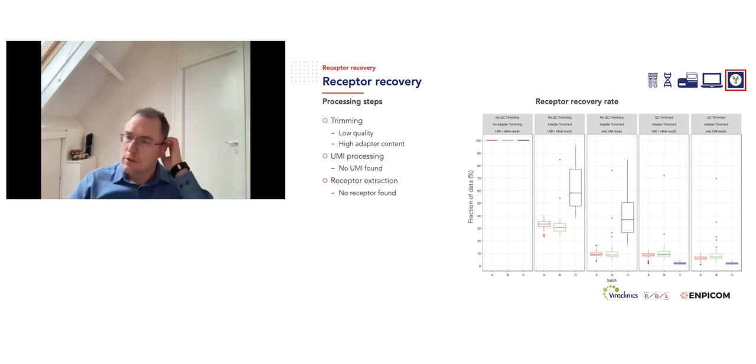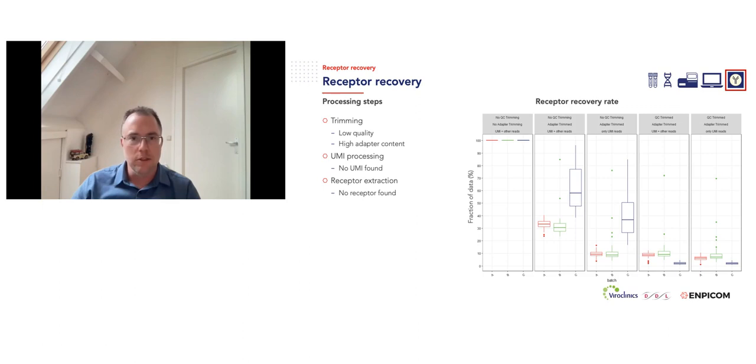All right, another metric we look at is something we call receptor recovery rate. This is the number of reads from the Illumina sequencer that are used to construct your repertoire. So every read is an amplification of a receptor, but of course there can be misreads, there can be junk in your sample, something can go wrong with the amplification.